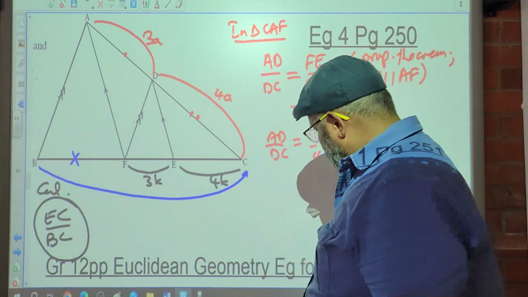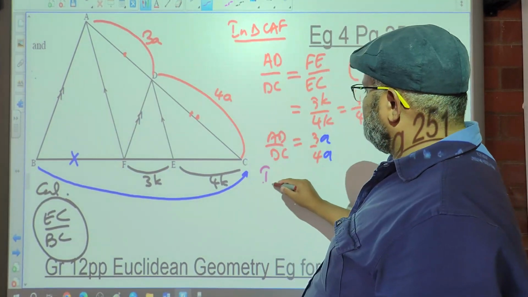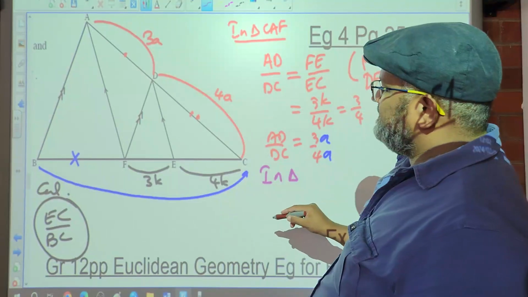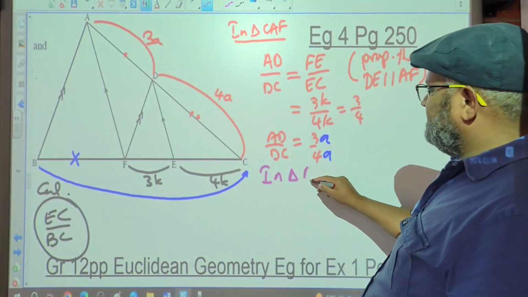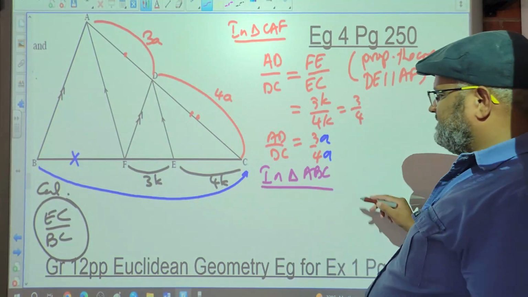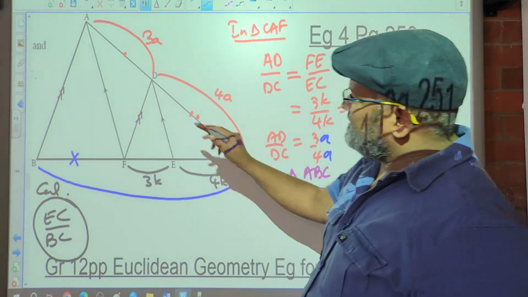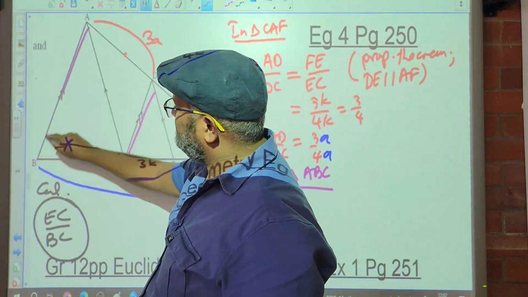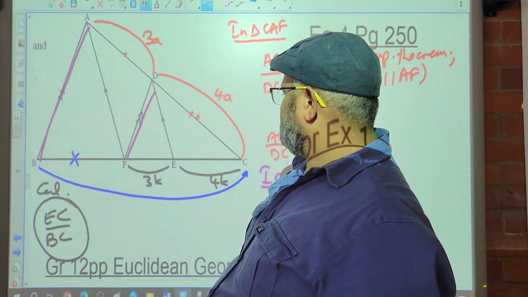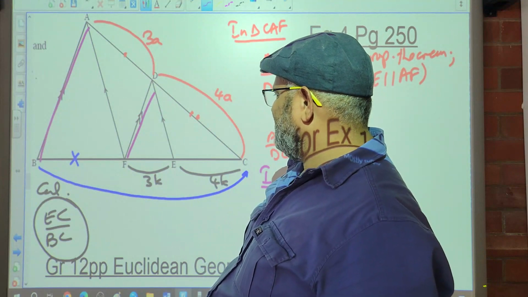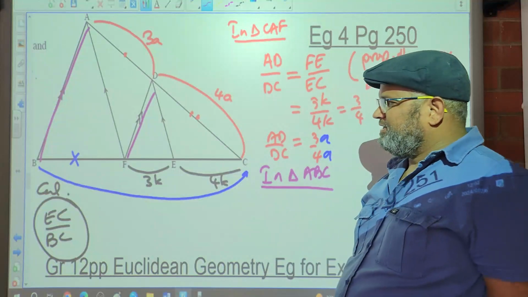Right. So now in this big triangle, we're going to work with triangle ABC. What can I say here? These are the parallel lines now. I still need F and BF.